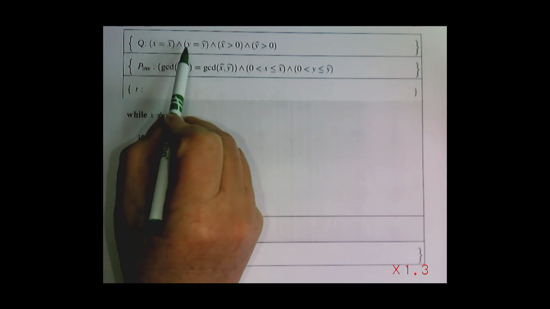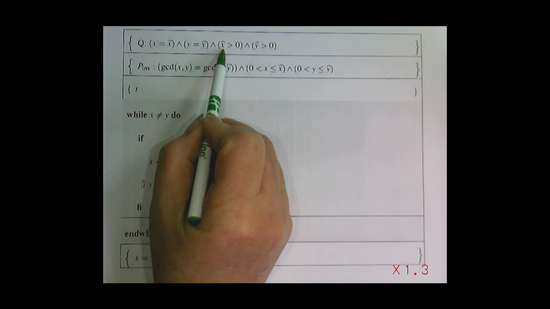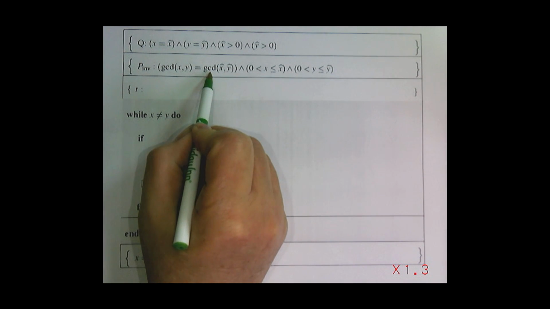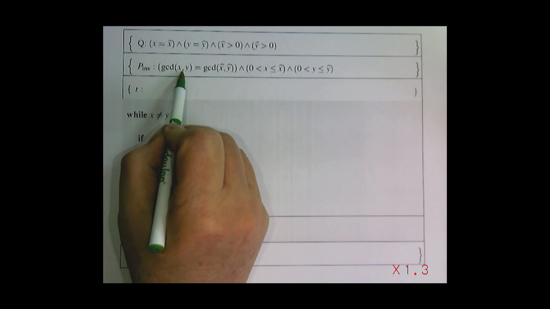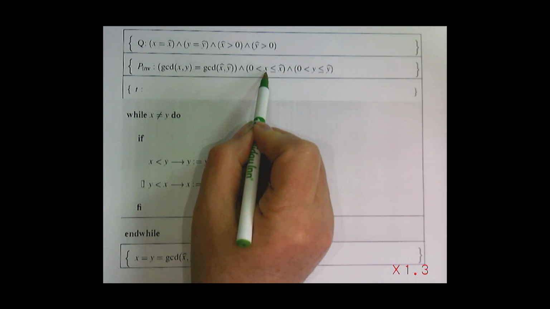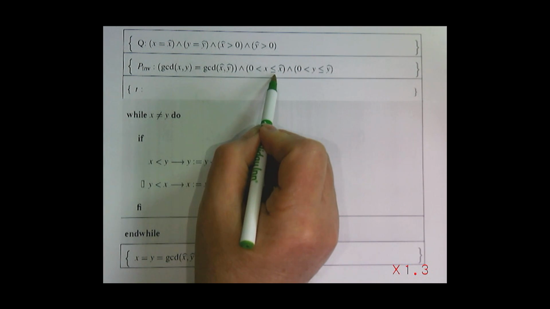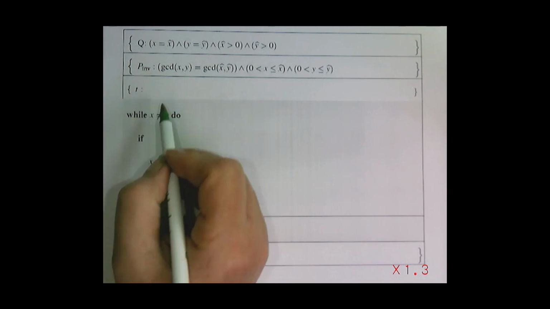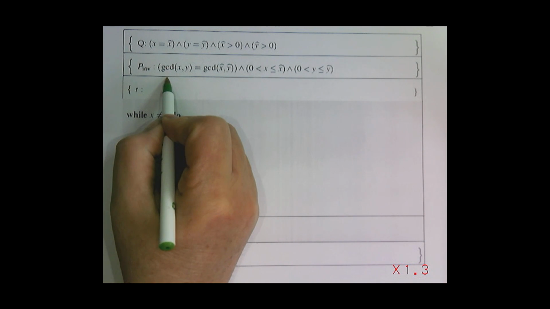The precondition is that we input two integer values that are both positive, and the invariant is that the GCD of these inputted values is the GCD of some updated values found in the variables x and y, but both x and y are positive and are both less than or equal to the inputted variables. We know this invariant holds before we start the loop.